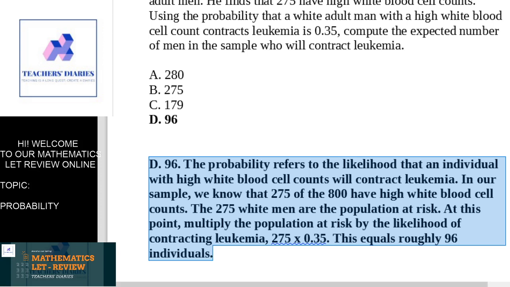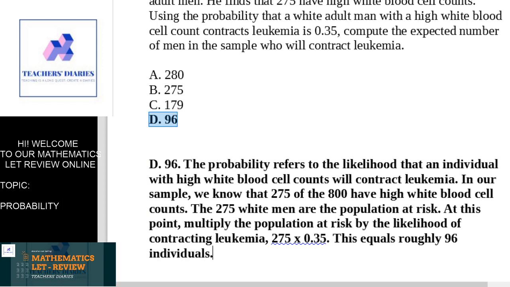At this point, we multiply the population at risk by the likelihood of contracting leukemia, making it 275 times 0.35. So this will equal roughly 96 individuals. So this is approximately 96.